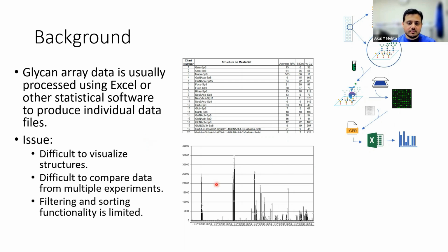It also becomes difficult to compare multiple of these array experiments within Excel, because the plotting ability of Excel is kind of limited, I would say. And also the filtering and sorting functionality is also limited in Excel, because we use very unique nomenclatures in glycans, and that becomes challenging for Excel to kind of identify and filter and sort.